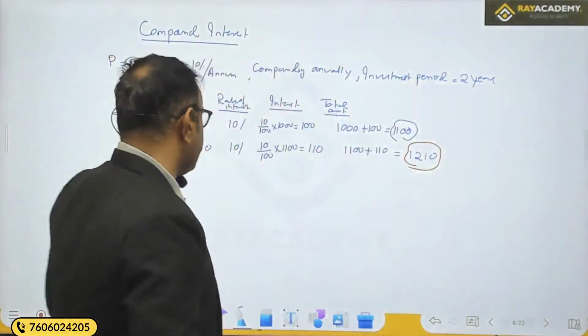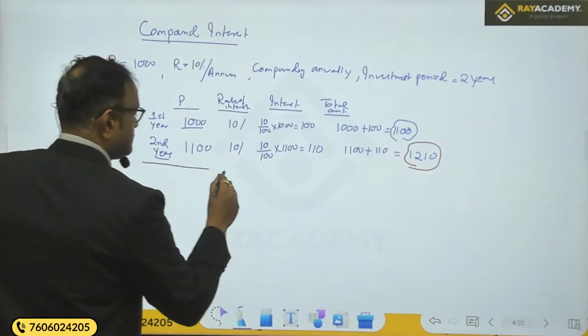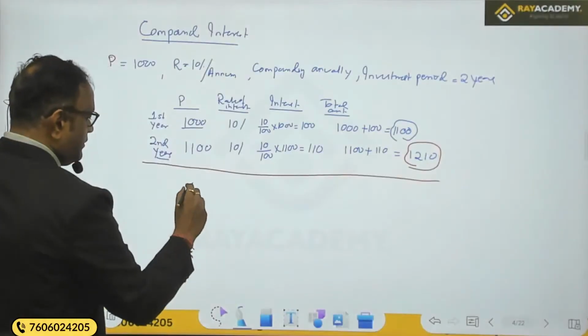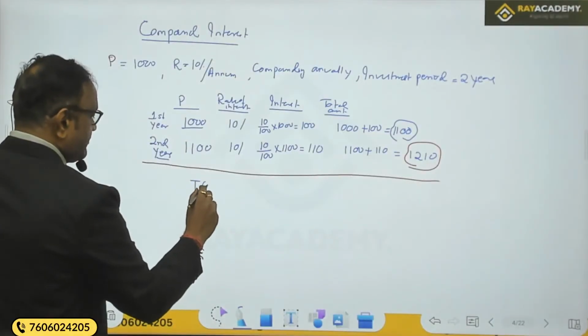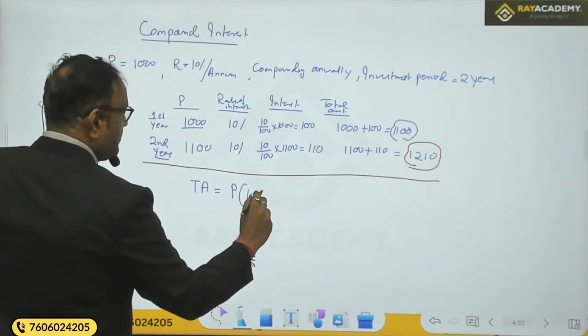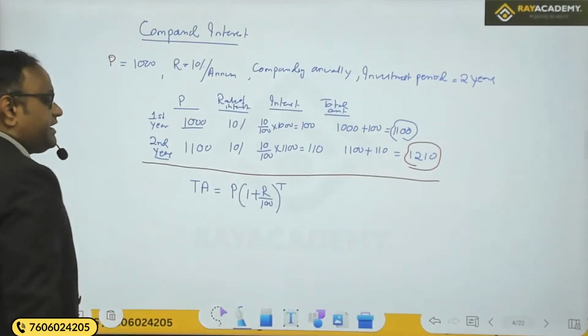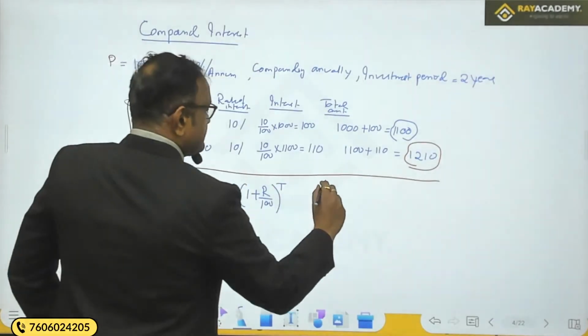The compound interest formula, this is the formula you need to remember. In compound interest we directly calculate the total amount. Total amount is P into 1 plus R by 100 to the power T. What is P? P is the principal.